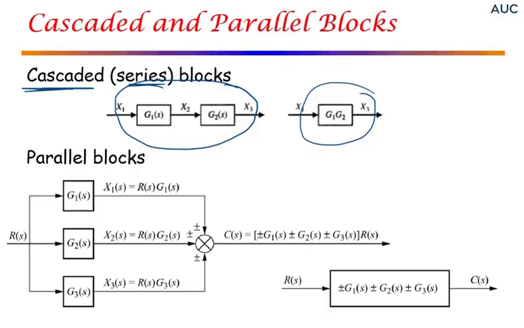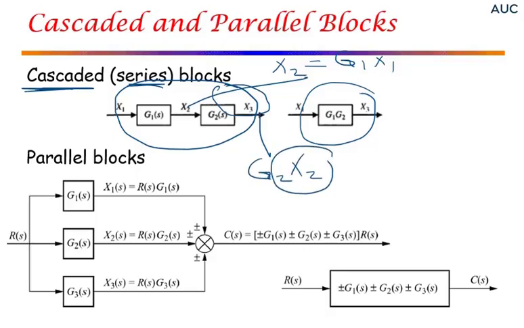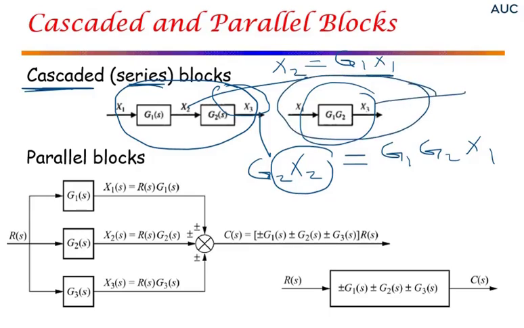The proof is very simple, because x2 here is equal to g1 times x1, and x3 is just g2 times x2. So if you substitute for x2 by g1 x1, that will give you g1 g2 times x1. So that would result in x3 equal g1 g2 times x1, as we have here.